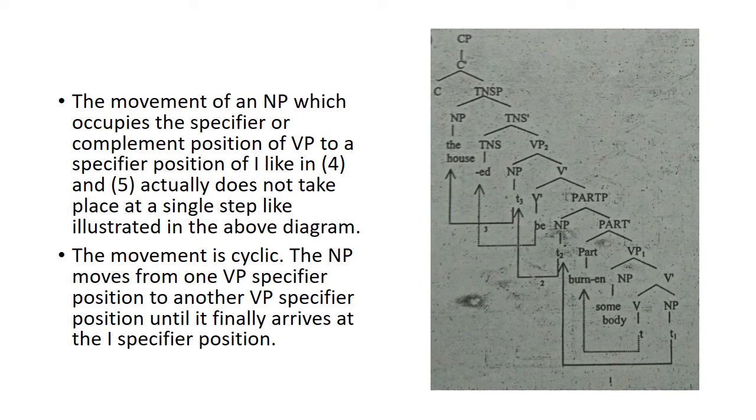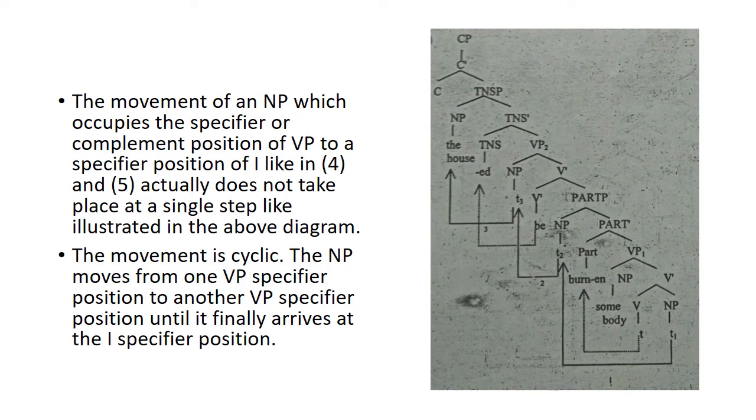Next, the movement of an NP or noun phrase which occupies the specifier or complement position of a verb phrase to a specifier position of I, like in number 4 and number 5, actually does not take place in a single step, like illustrated in the above diagram. The movement is cyclic.